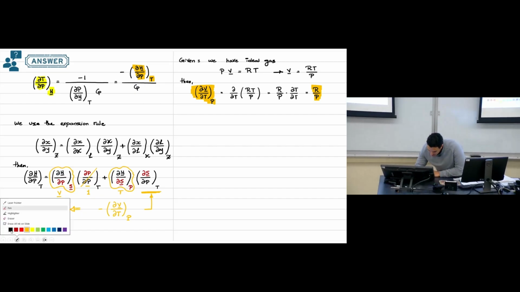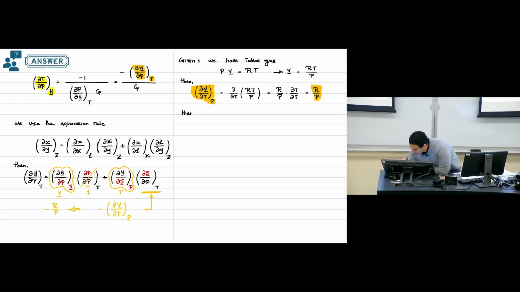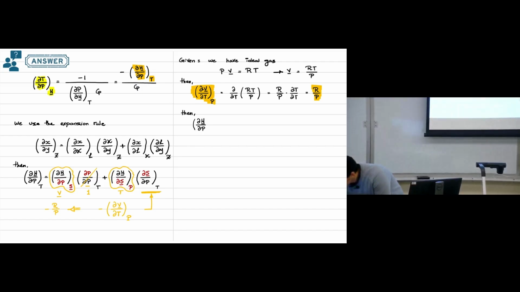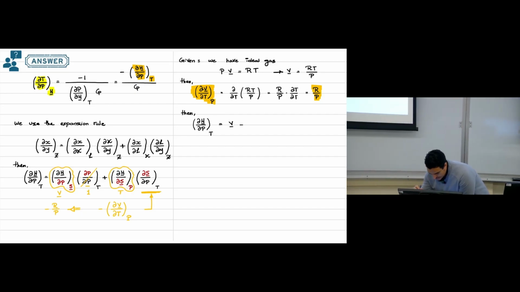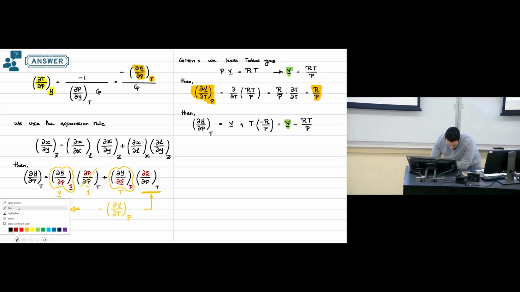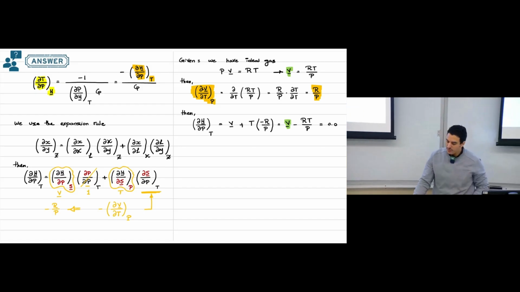Let's substitute and find dH by dP at constant T. This will be molar volume minus, or let's put it plus, temperature times minus R over P. So this will be V minus RT over P. Again, this is an ideal gas, so the molar volume is already RT over P. So this partial derivative will be equal to 0, because RT over P minus RT over P is equivalent to 0.